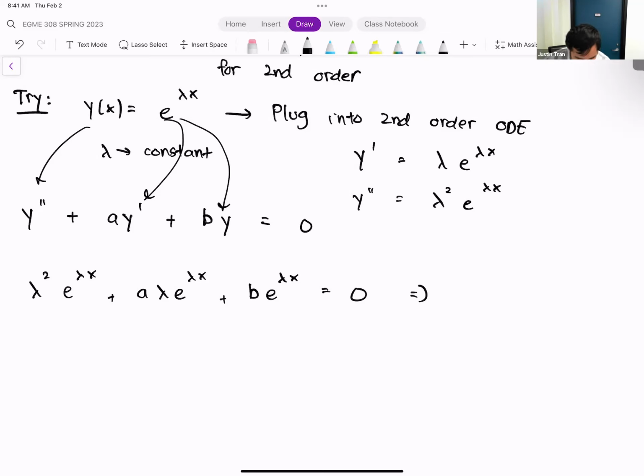All right, so let's factor out e to the lambda x. Okay, so e to the lambda x times lambda squared plus a lambda plus b equals 0.